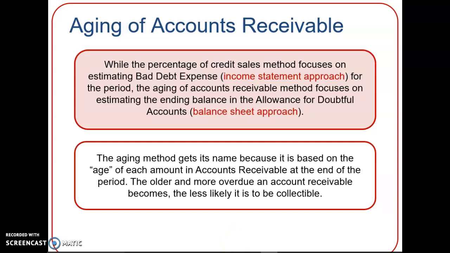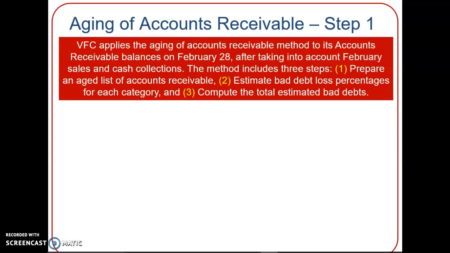So the idea is the more recent, or younger, accounts receivable is less likely to go bad and become uncollectible. On the other hand, the older and more overdue accounts receivable, the probability of it becoming bad debt or uncollectible is obviously higher. So that's the premise, that's the understanding.